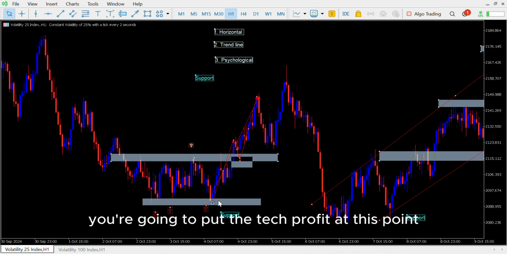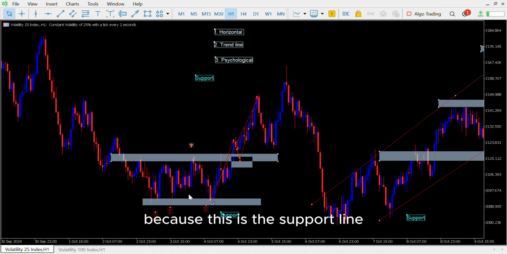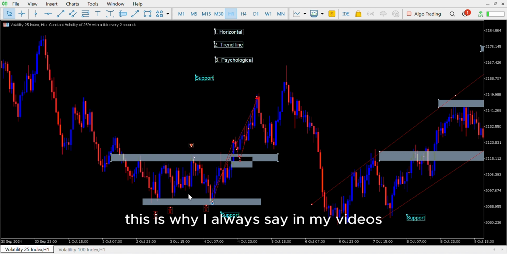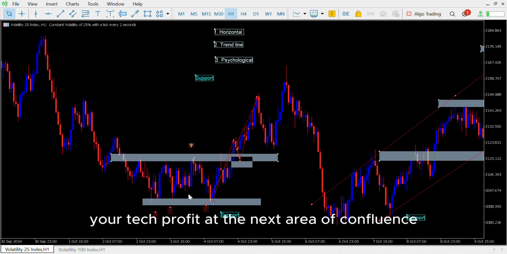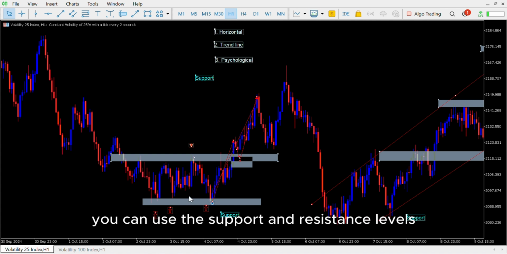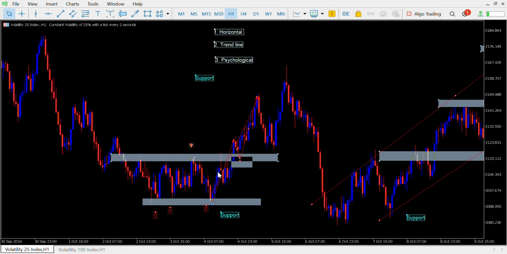Obviously you're going to put the take profit at this point, because this is the support line. You know that the market is not going to pass through that line. This is why I always say in my videos, you have to put your take profit at the next area of confluence. This is what I mean. So in other words, you can use the support and resistance levels as your take profit or your targets, right?